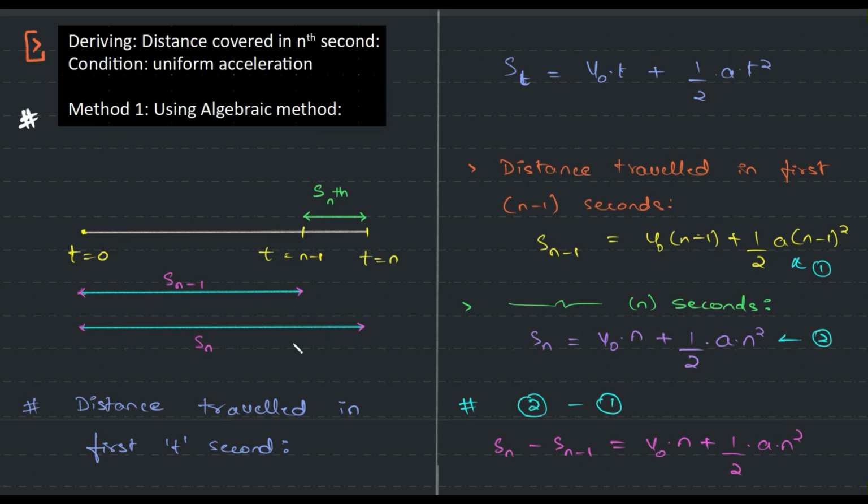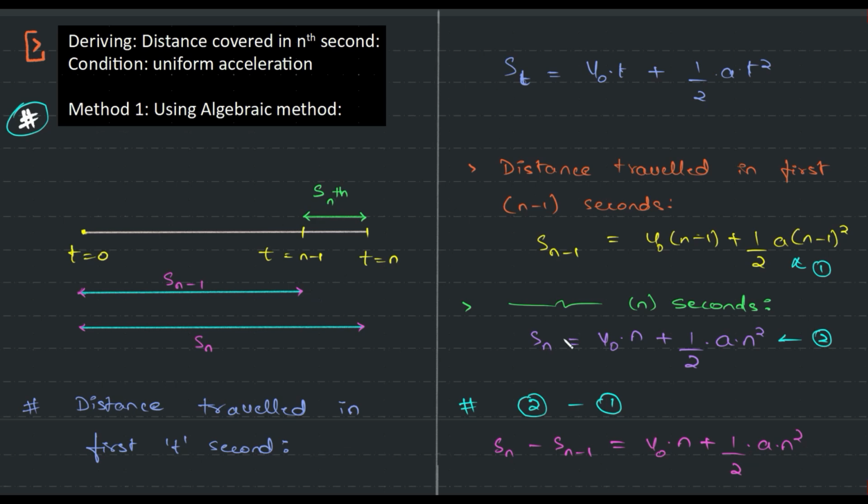So what is it that we looked at? We looked at deriving distance traveled in nth second using algebraic and calculus methods. It's quite simple actually. It's commonsensical. All we have to do is find how much distance the object has traveled from time t equal to 0 to n and from t equal to 0 to n minus 1.